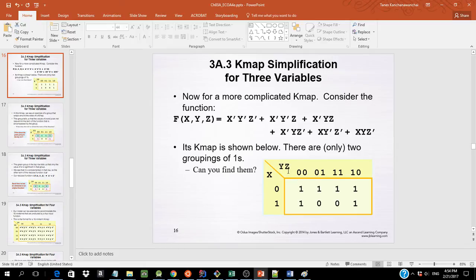But this one, we look at the sum of products, I mean, because these are our min terms. We didn't have all of them as min terms.